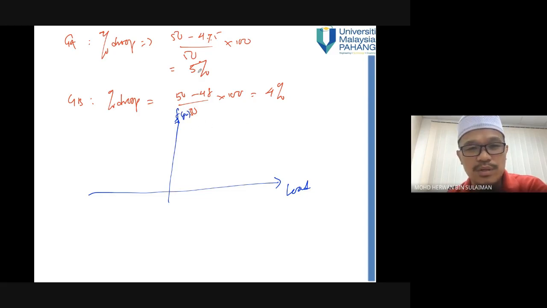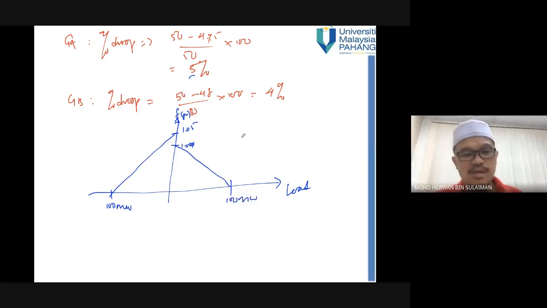So for G1 it is 5%, so this is 1.05. Capacity 100 megawatts. GB 4%, 1.04. Capacity 100 megawatts. Okay. Next, you have load 100 megawatts.